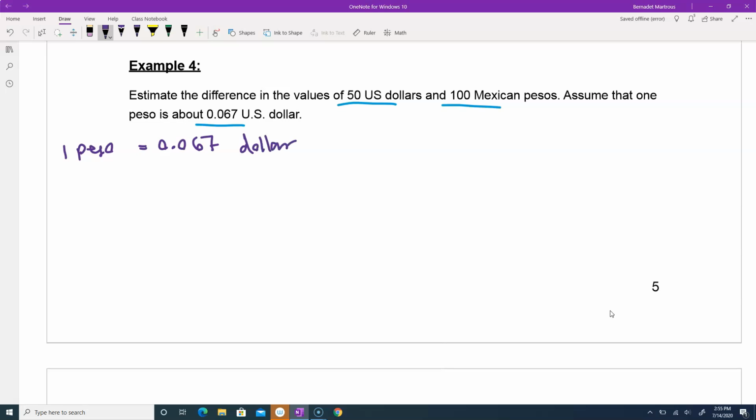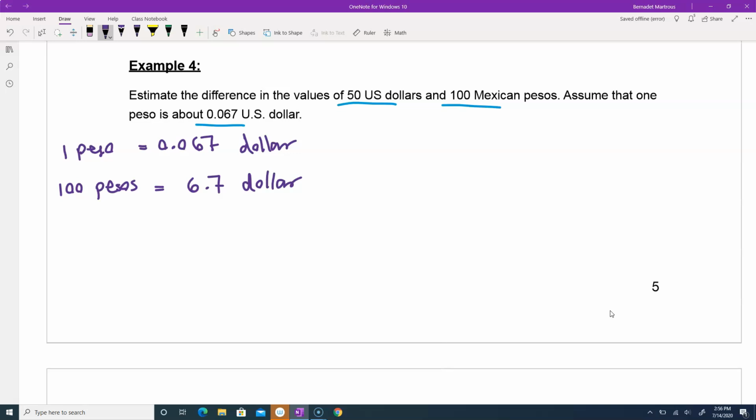And since we want to compare with 100, here is 100 pesos. So we have to multiply that one by 100, so this is 6.7, meaning that is $6.70.